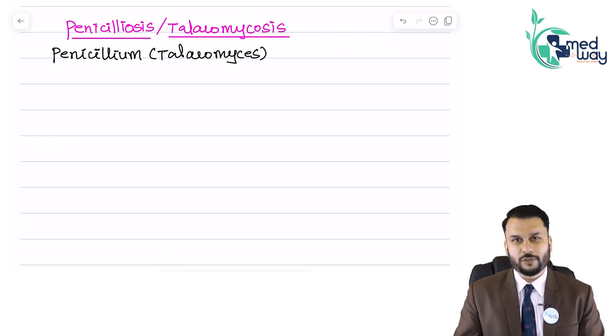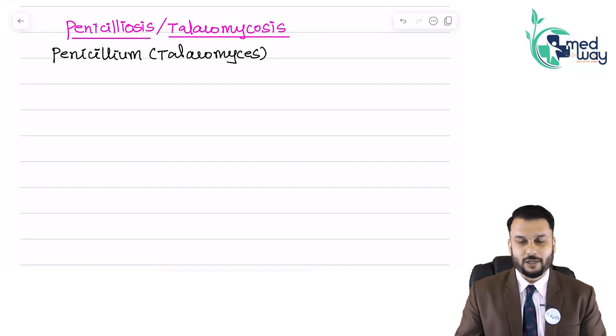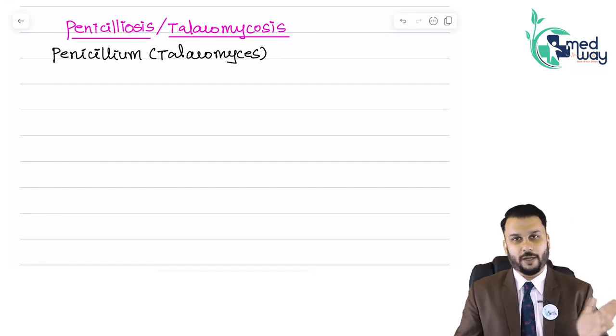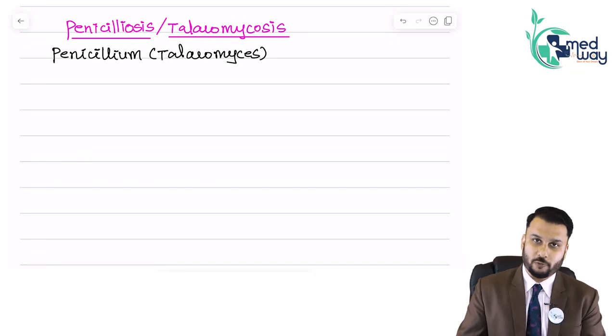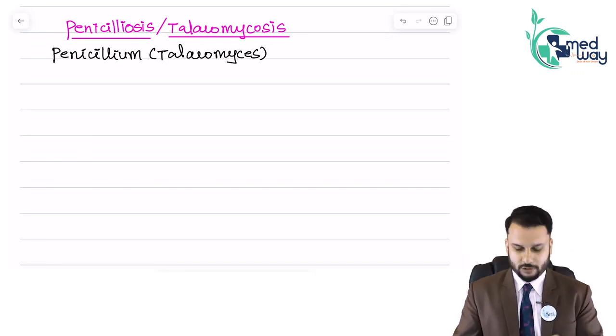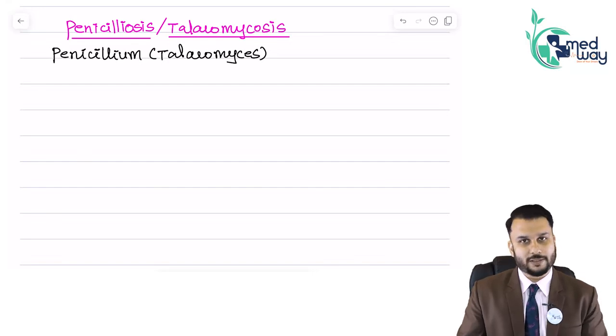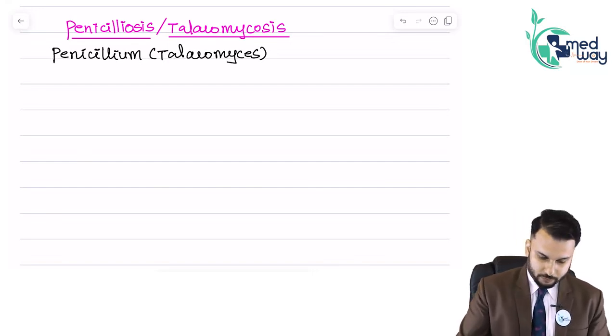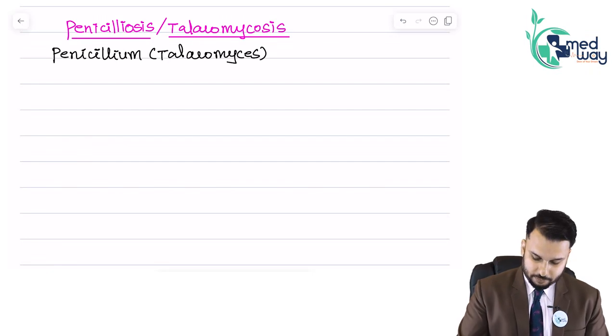Once you learn the name of the disease, I believe it's not that difficult to remember the name of the fungi. Paracoccidioides, paracoccidiomycosis, blastomyces, blastomycosis, histoplasma, histoplasmosis, like that, Penicillium, penicilliosis. Okay, so the full name is Penicillium marneffei.